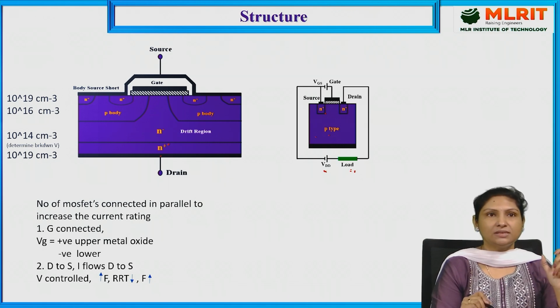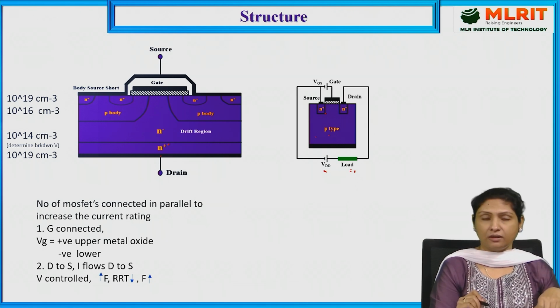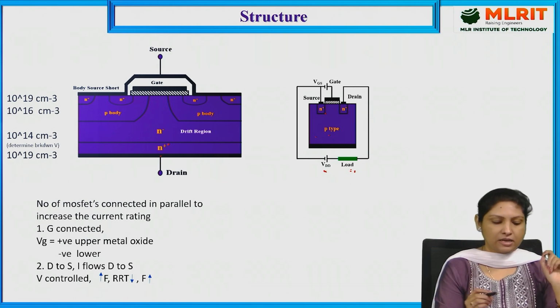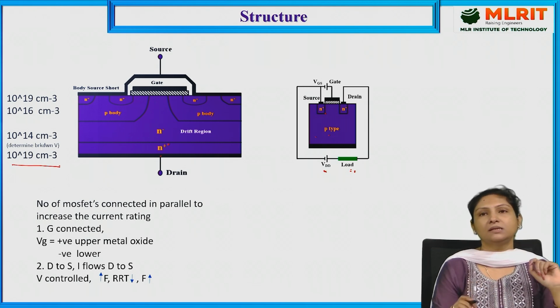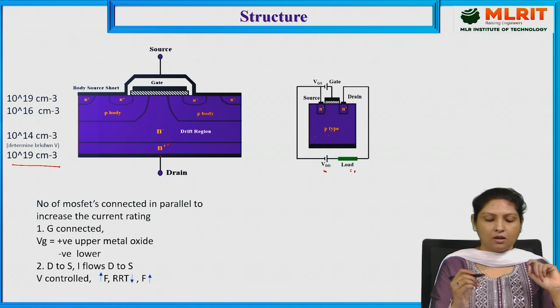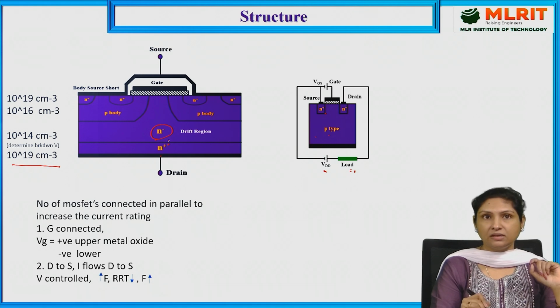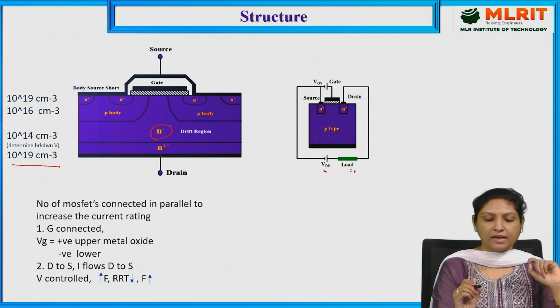and the doping level of this N plus substrate is given as 10 to the power of 19 per centimeter cube. And above which there is an N minus layer. I said N plus has a very high doping level, and if it is mentioned as N minus, the doping level is less.